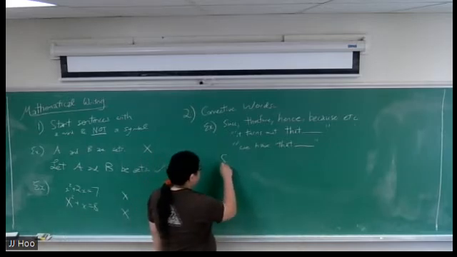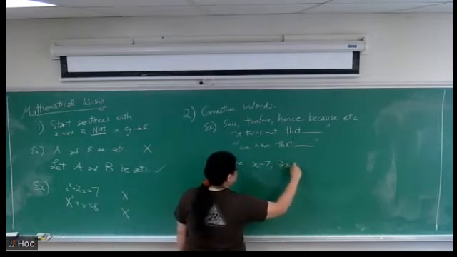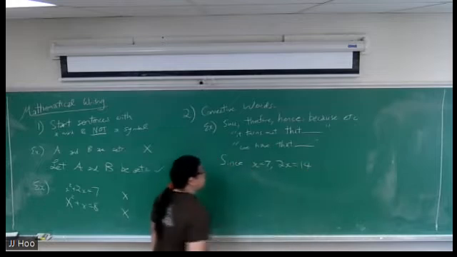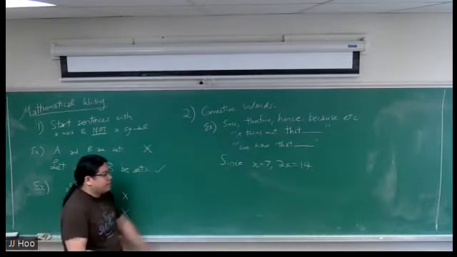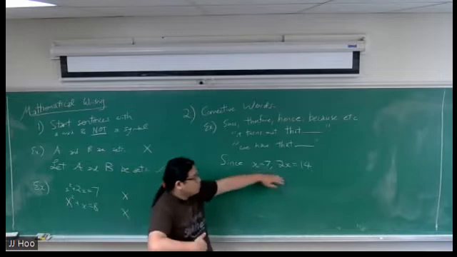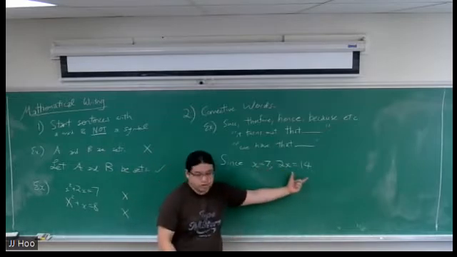So if I write something like this, you can see how grammatically this is not wrong: since x equals 7, 2x equals 14, right? It's because of this that this is true.